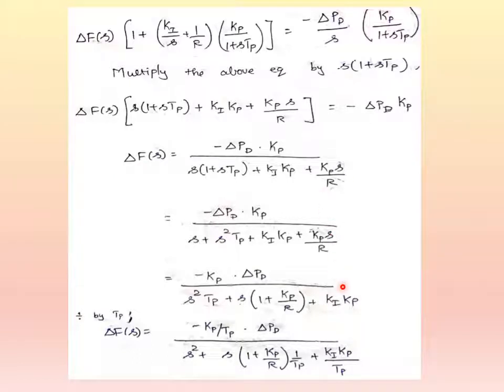It is just simplification, and in the denominator part normally your s square term should be separate. So in order to remove this Tp, we are dividing the numerator and the denominator by Tp. So your expression will be of this form. Your denominator term will be s square plus s into this constant term plus the separate constant term.